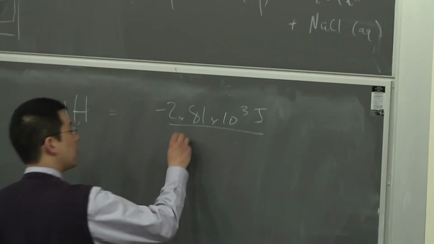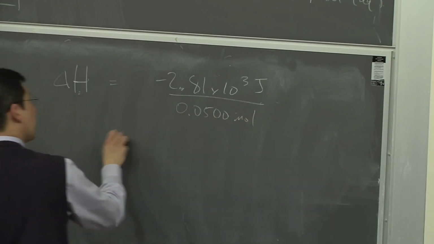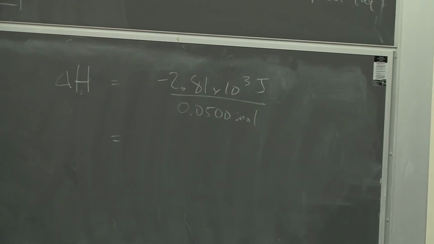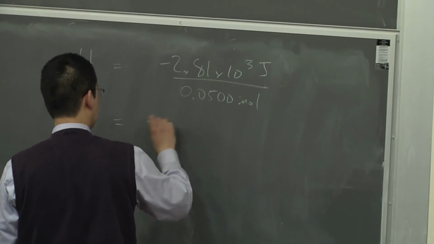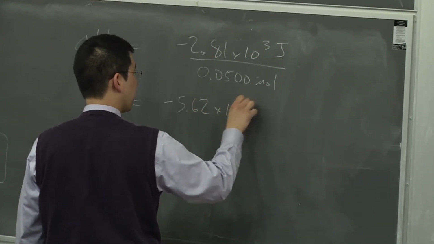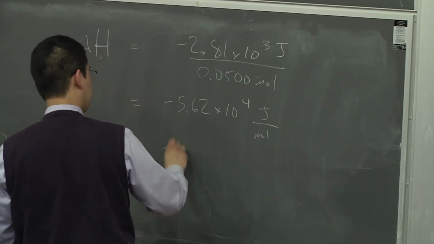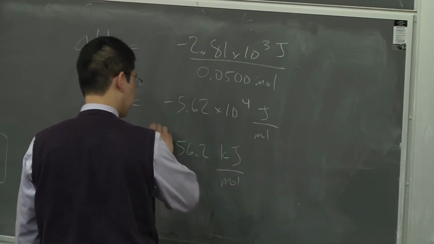So it's going to be divided by 0.0500 moles. And when we do that out, we're going to get negative 5.62 times 10 to the 4th joules per mole, or negative 56.2 kilojoules per mole.